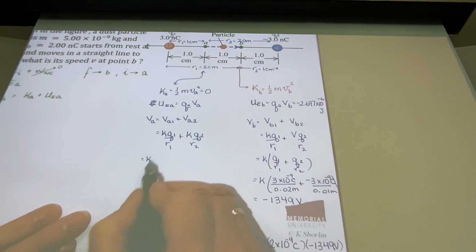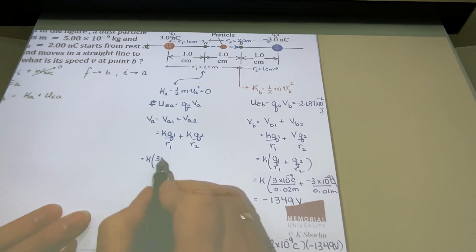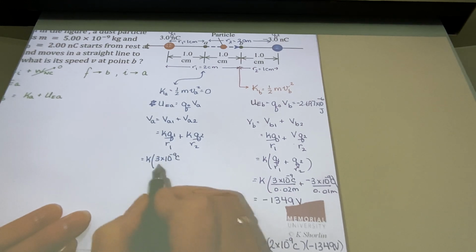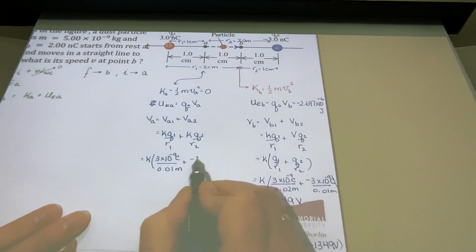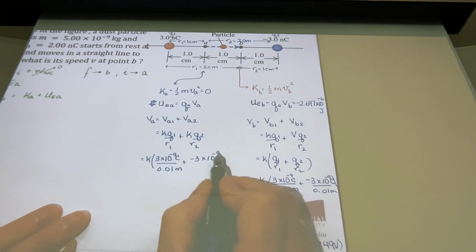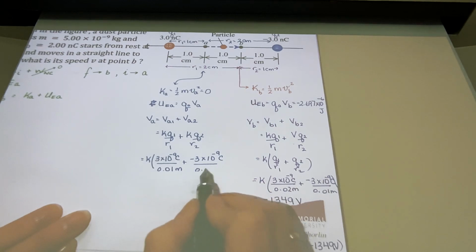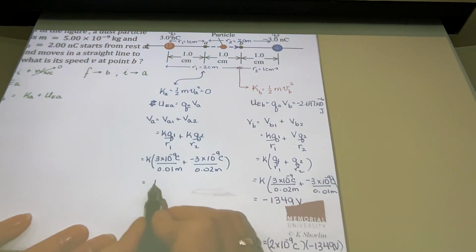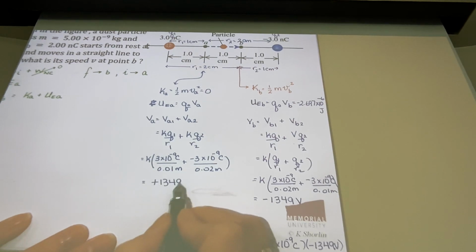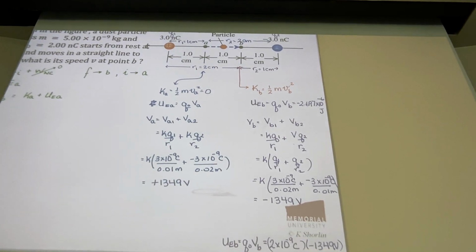So we've got K outside of 3 times 10 to the minus 9 coulombs divided by 0.01 meters plus minus 3 times 10 to the minus 9 coulombs divided by 0.02 meters gives us a total electric potential of positive 1349 volts. So that's the total electric potential at point A.